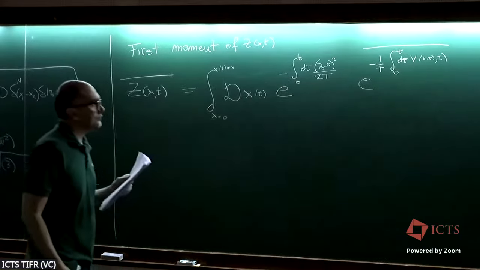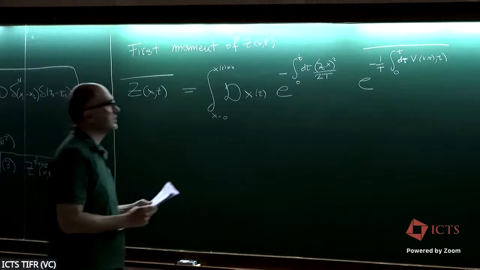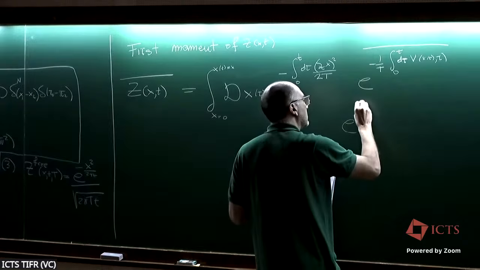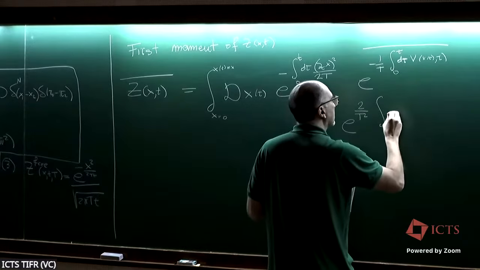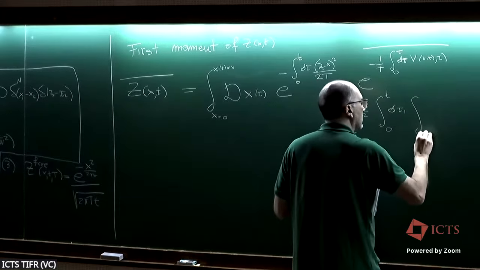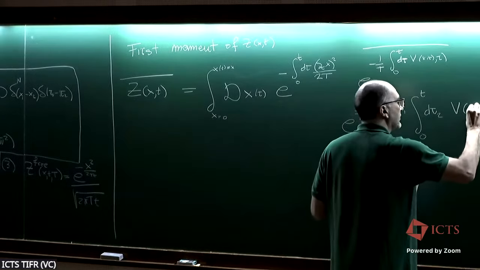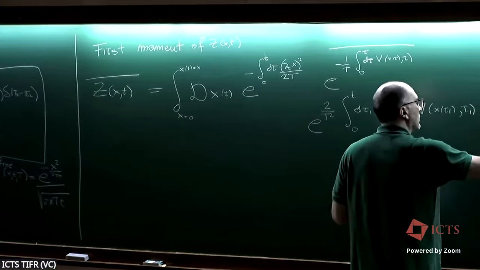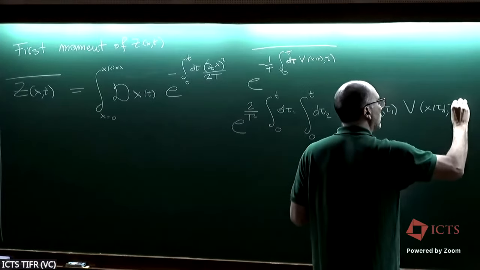So we use this formula. So it will be exponential. We have to square it, so we have the 2 in the denominator, and then we have to square this. So we have tau 1 from 0 to t, tau 2 from 0 to t. Then we have V(x, tau 1), V(x, tau 2).